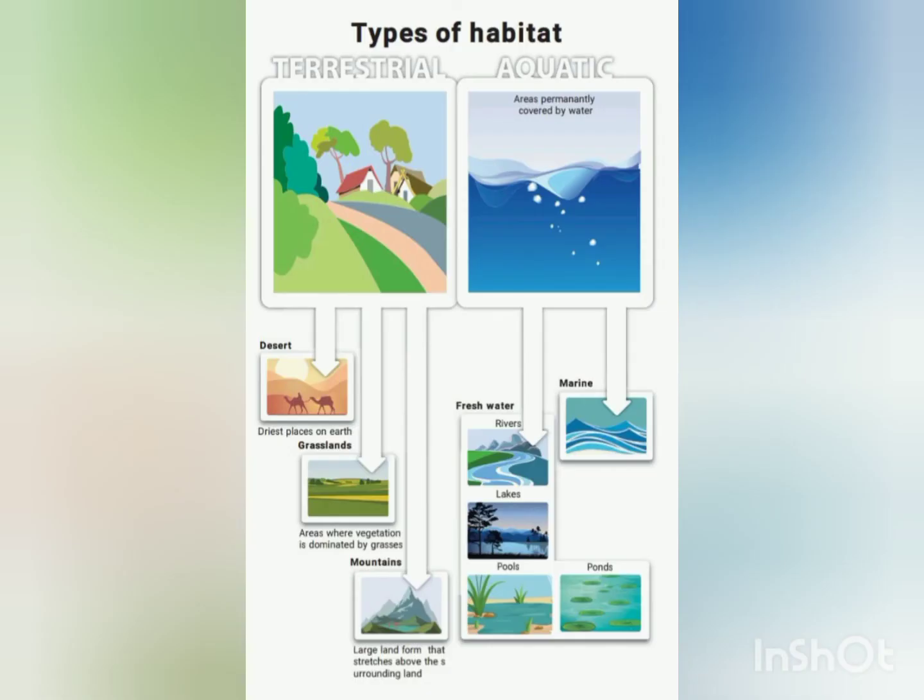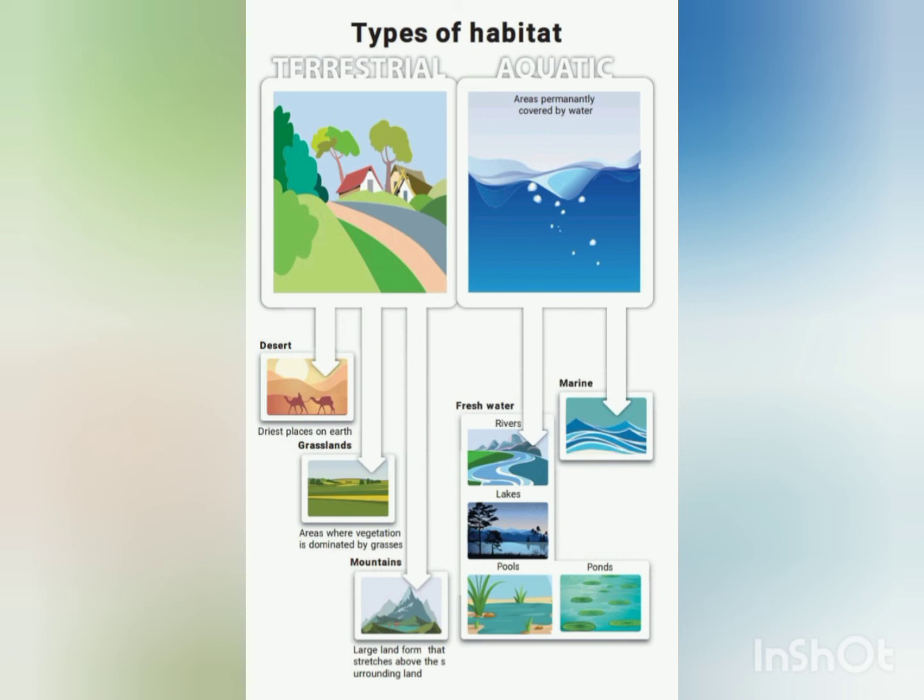Okay, children. Now let us recall what we have learnt in the types of habitats. The two types of habitats are aquatic habitat and terrestrial habitat. The aquatic habitat, that is, the areas that are permanently covered by water, includes two types: a freshwater habitat and a marine water habitat.